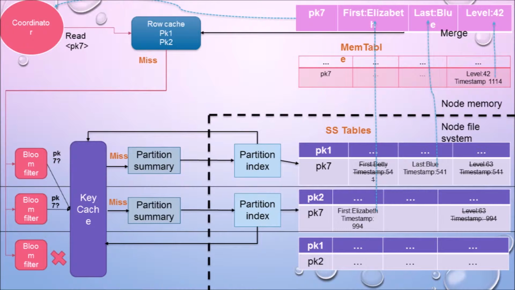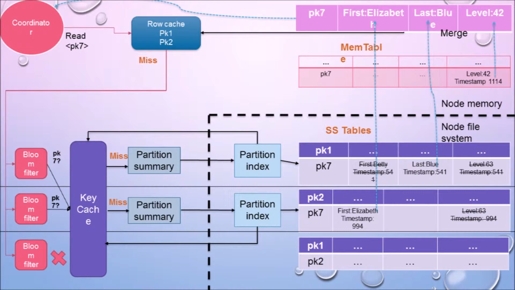So once it does retrieve the value from the partition summary to the partition index, then you know that this particular SS table has this particular data. If it does, then you populate the key cache saying that this particular key is there in the SS table.